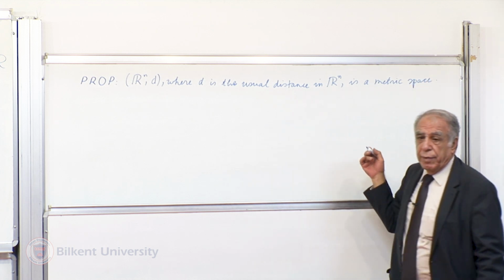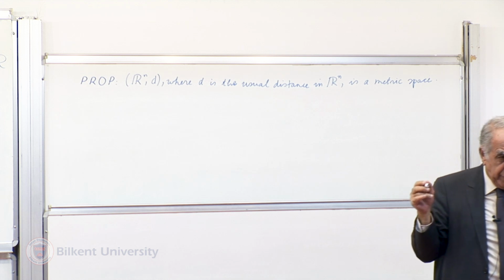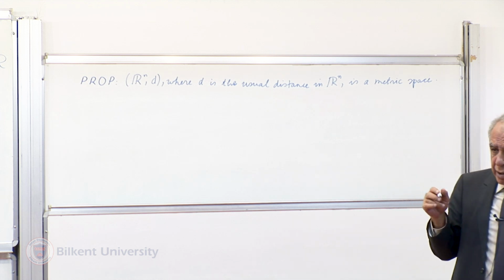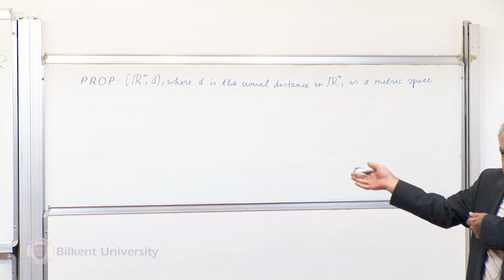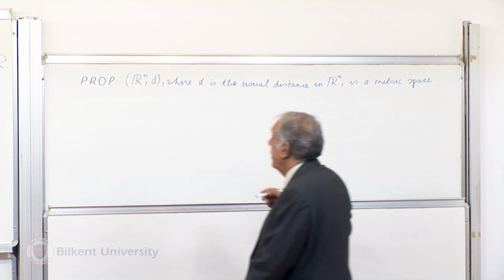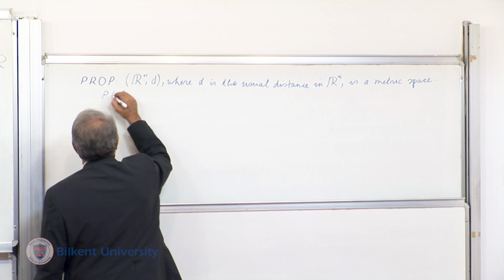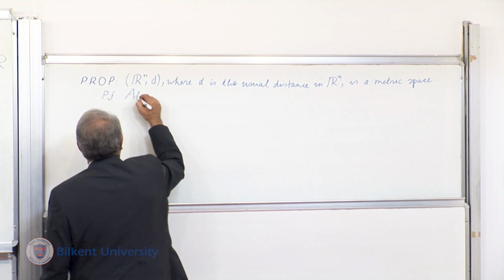We have already proven this. The proof of the proposition concerning the usual properties of the distance in R^n is just a proof of this. Proof: already done.